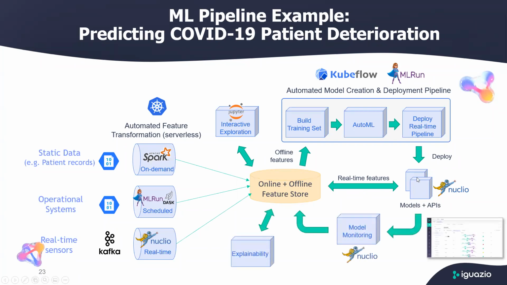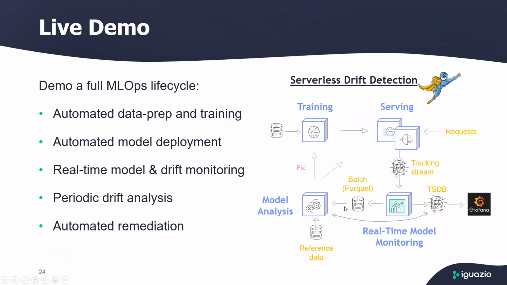Those serving functions essentially generate telemetry data and statistical data, which is monitored by the model monitoring framework, and that feeds back into the feature store. So all the production data is stored back in the feature store. So someone that wants to do analysis or explainability research or whatever can just use the production data from the same feature store. So this is what I hopefully am going to show.